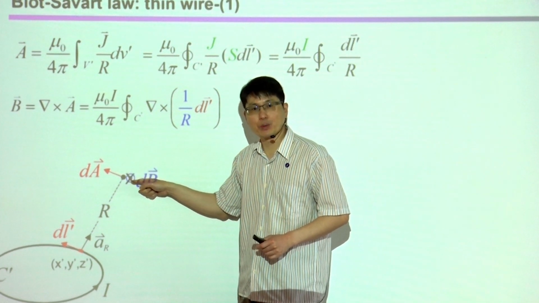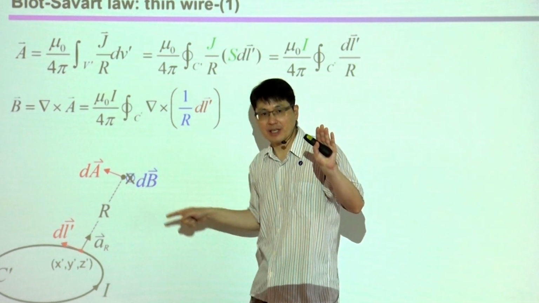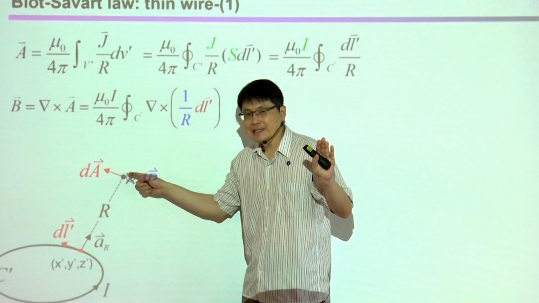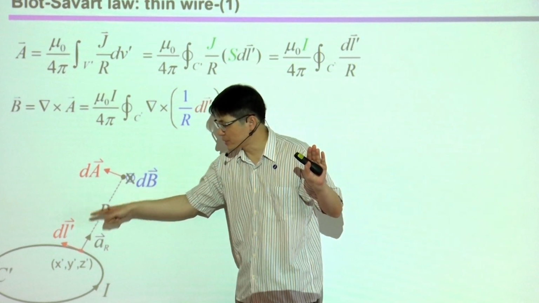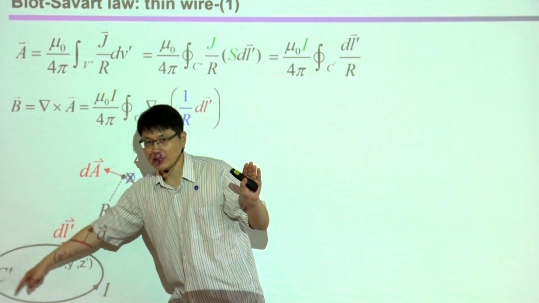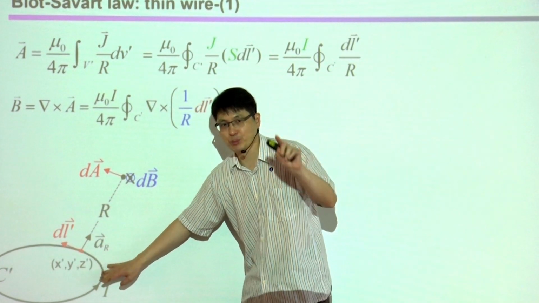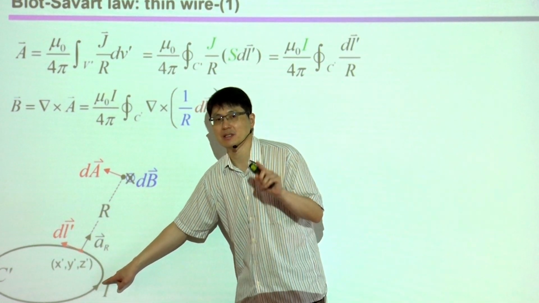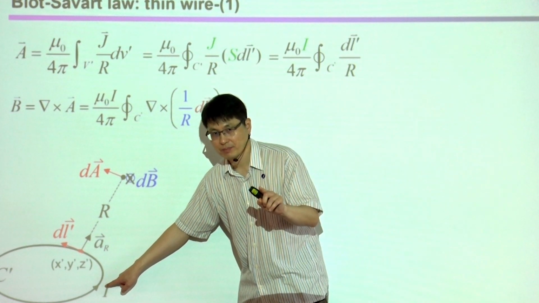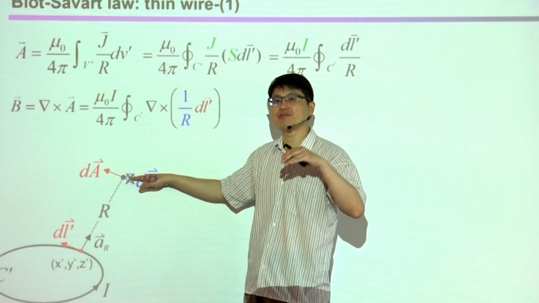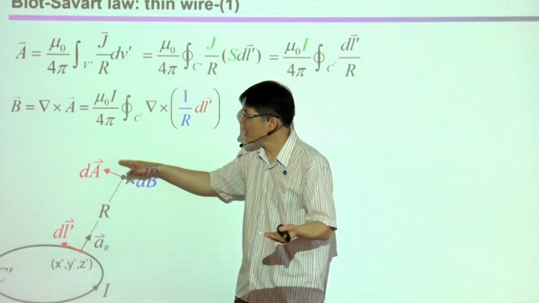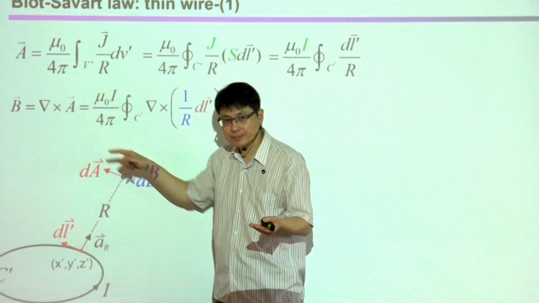This curl operation, pay attention. Once I know A here, A is the result of the current conducting loop, which is expressed by the primed locations. But once I know A, I'm trying to find the resulting B by performing the curl.